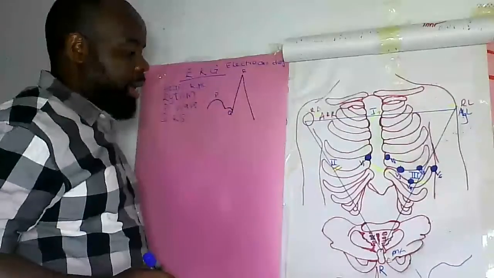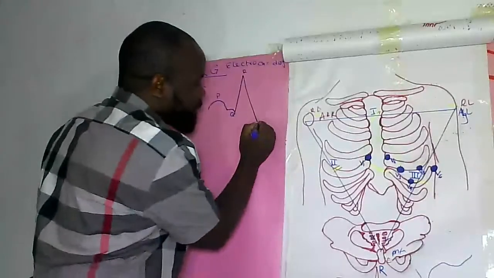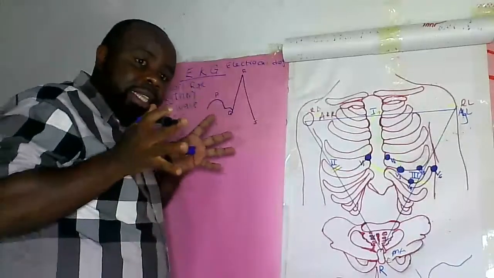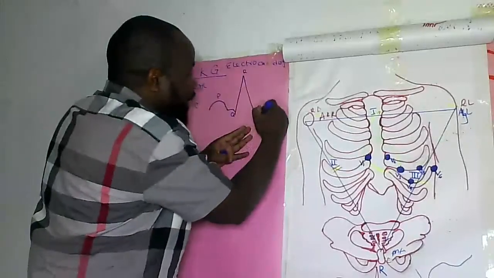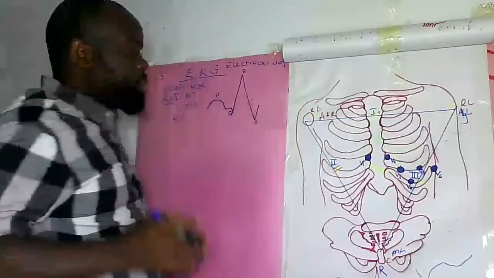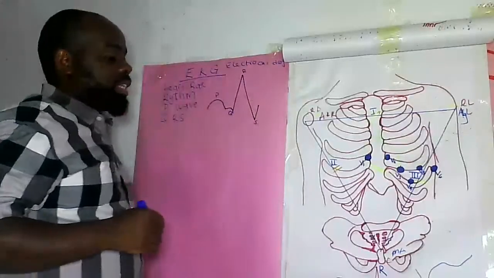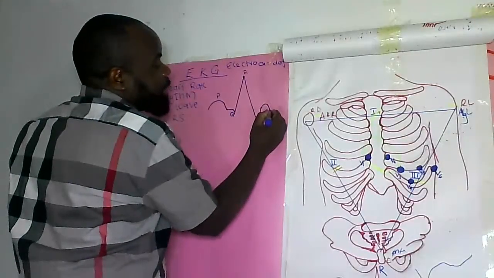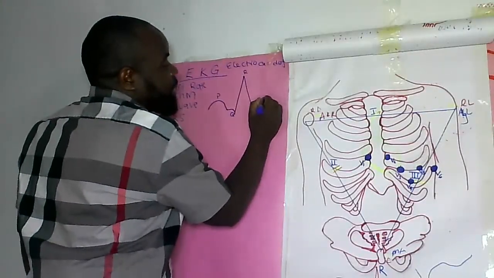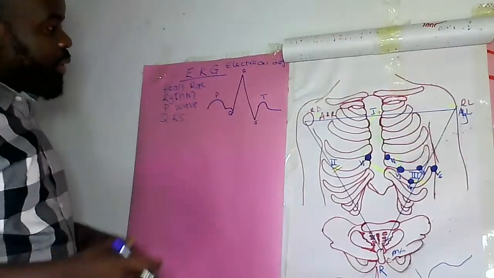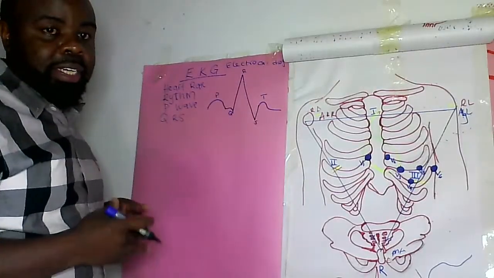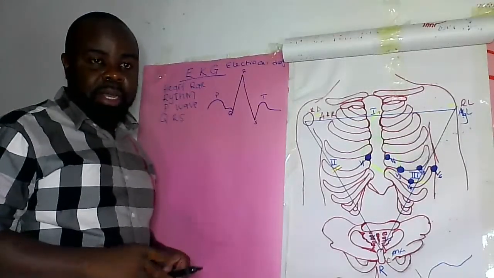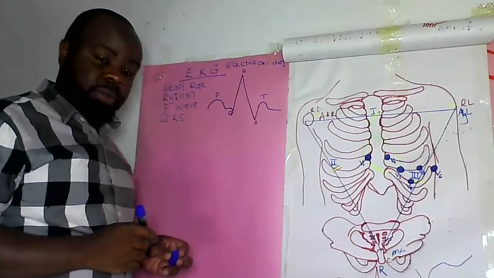QR, and then after R, we have the S wave, when it is depolarizing the ventricles to push blood out. After you push blood out, there will be a T wave that comes. The T wave is the holding on before it relaxes and repolarizes again. Thanks for joining in. Hope you will learn something.